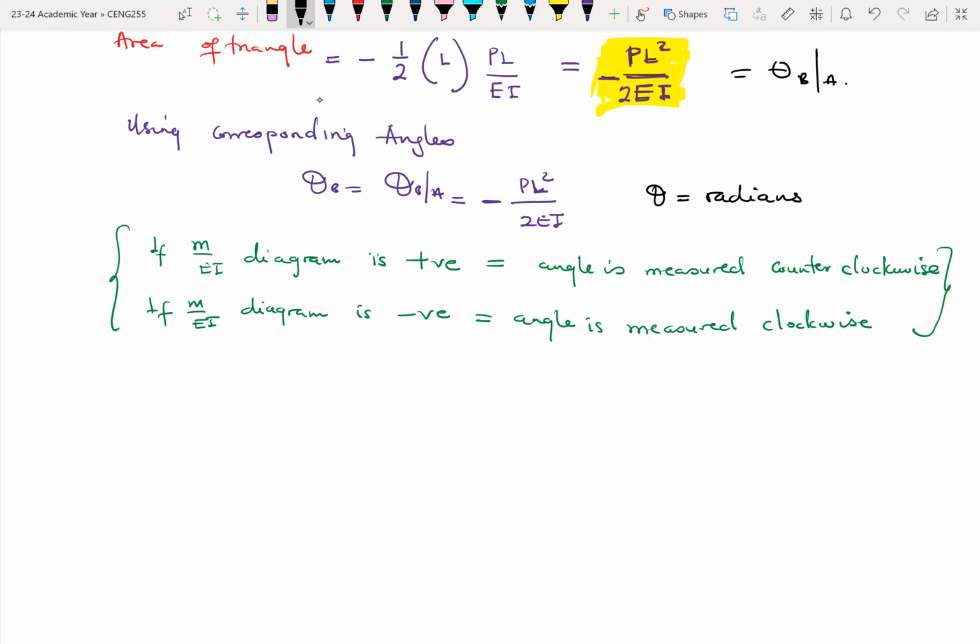But again, be careful when you're using your calculator. Your calculator can be in degrees and you do your normal calculations, but whatever answer you get is in radians. They're usually very small.